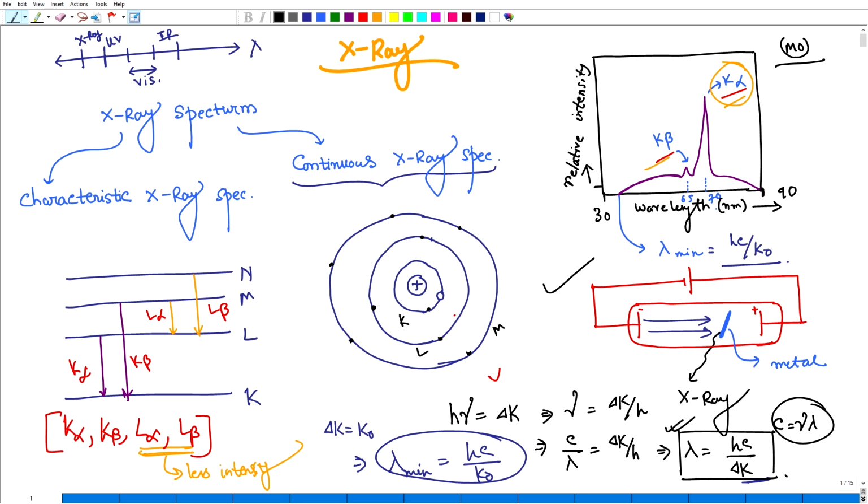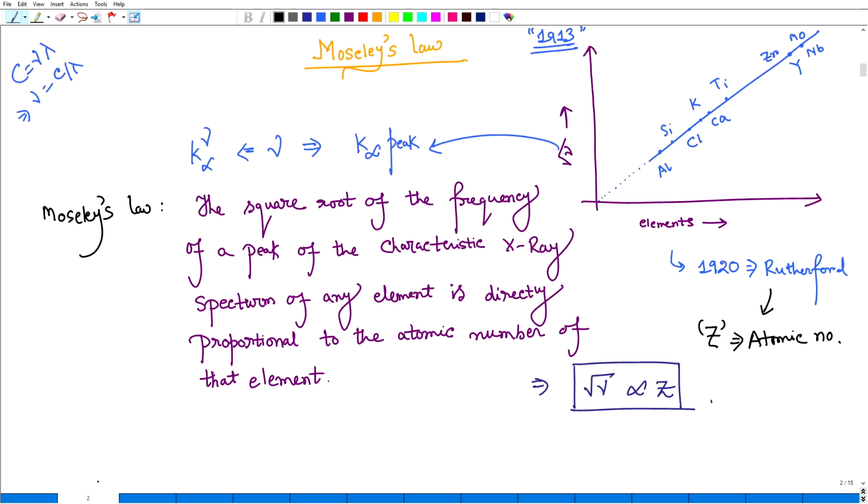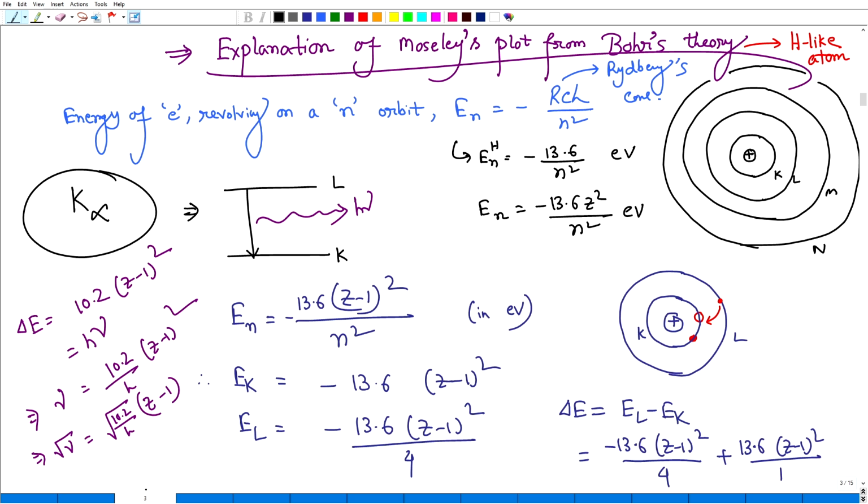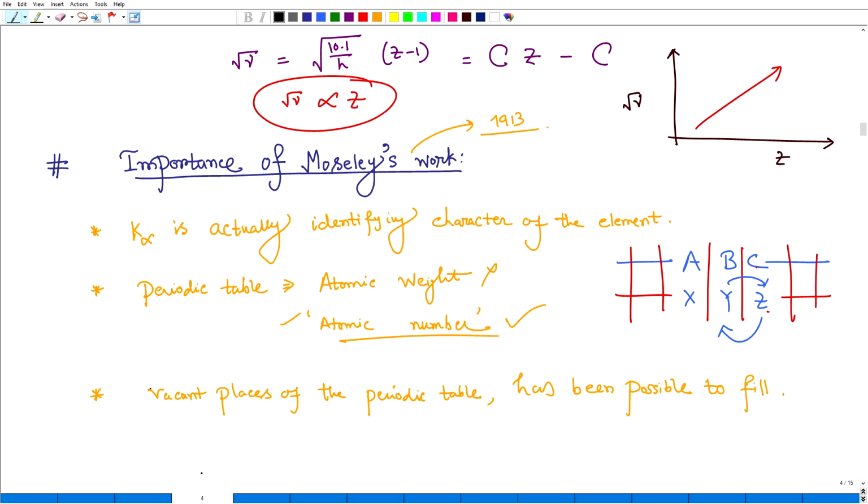Then we came to the X-ray spectrum. There are two types of X-ray spectrum, continuous and characteristic, and we discussed the reason behind the continuous and the characteristic X-ray spectrum. Using the characteristic X-ray spectrum, we analyzed Moseley's law, how Moseley gave the law, and how Bohr's atomic theory is able to explain it. Then we discussed the importance of Moseley's work.